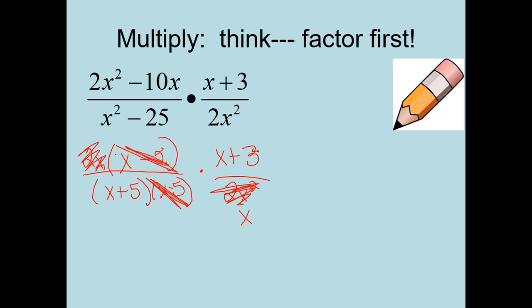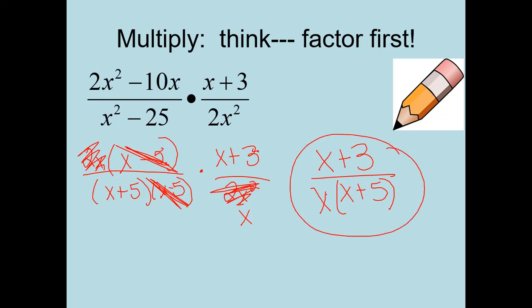So let's check what's left over on the top. Well, I got x plus 3 on the top. Then what I have left on the bottom, I have an x plus 5 left on the bottom, and also an x. Notice I'm multiplying the numerators together and multiplying the denominators. I'm not requiring you to multiply the numerator and denominator together, so you could leave this as x squared plus 5x if you wanted to multiply. I'm not going to ask you to do that, however, okay?